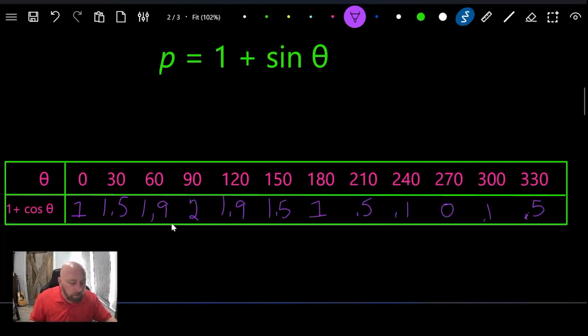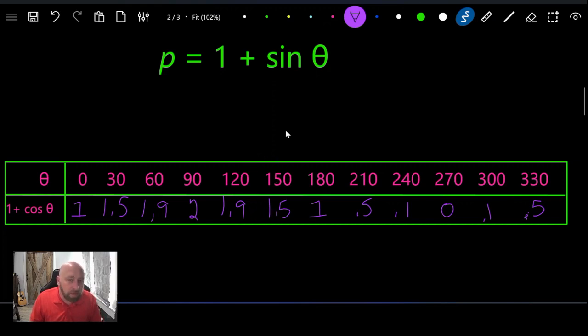Okay, so here are all of our values for rho. If we follow this, we see a pattern. So 1, 1.5, 1.9, 2, and then we go back down: 1.9, 1.5, 1. You can see this pattern form right here.